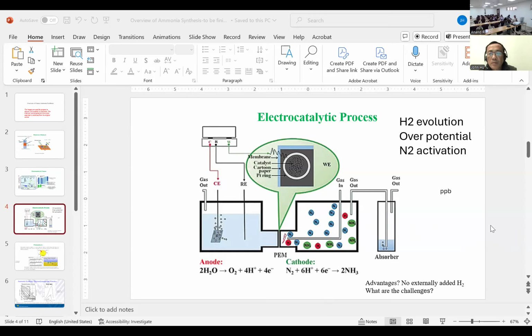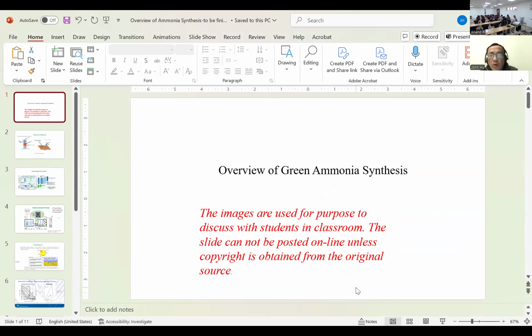Visible, sir. All right. I think yesterday, when I lectured, we left off here. So this is the electrocatalytic process to make ammonia. So we continue the topic. The topic is the overview of green ammonia synthesis.